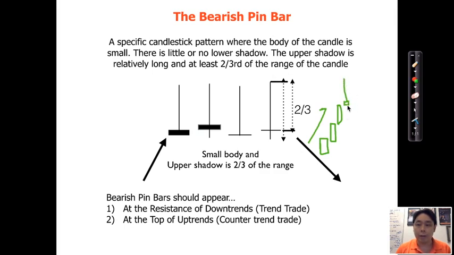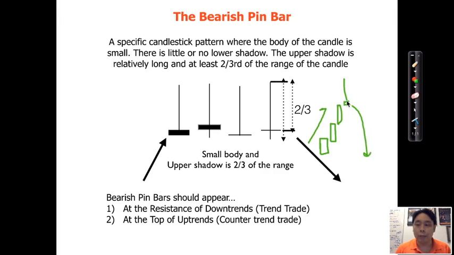Once again, the bearish pin bar could be a green or white or black or red bodied candle. It doesn't matter because the candle body is so small, it is insignificant. What you want to see is the shape of it. That's important, okay?